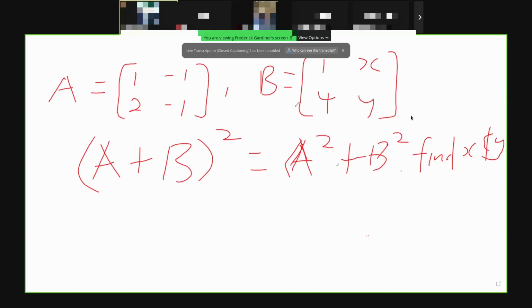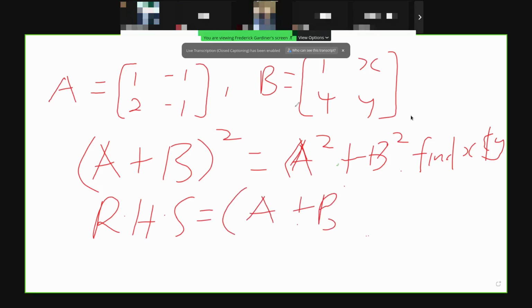Okay, so look at the right hand side. If you look at the right hand side of the equation, it says A plus B all squared. So it simply means we should first add A and B. When we finish, whatever we get, we square it.